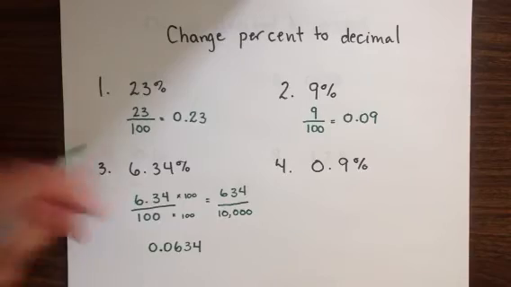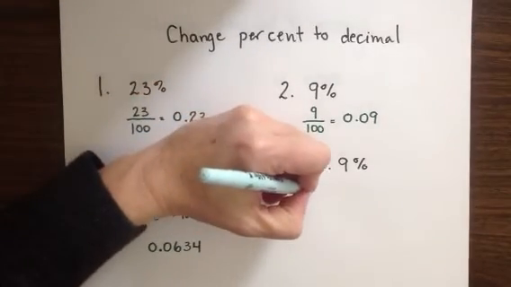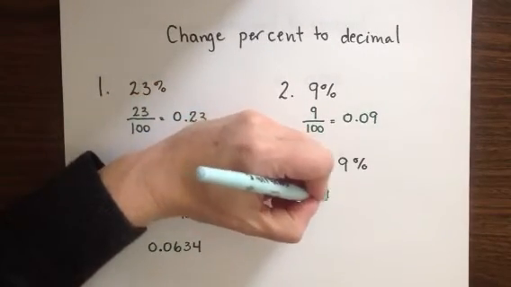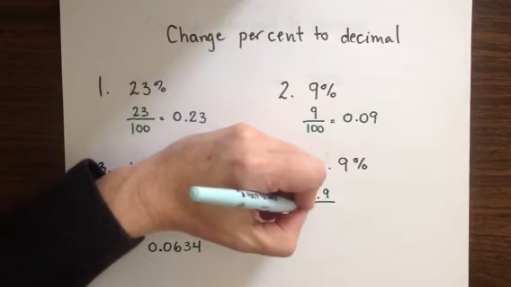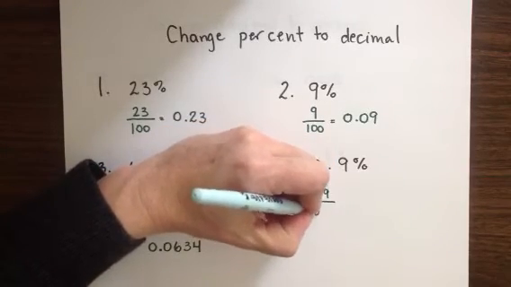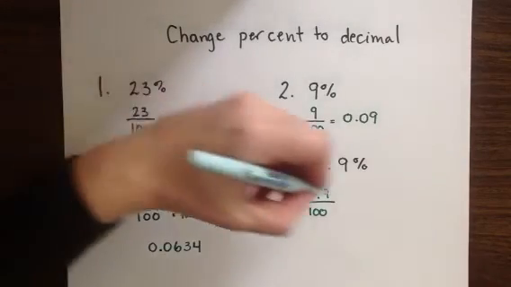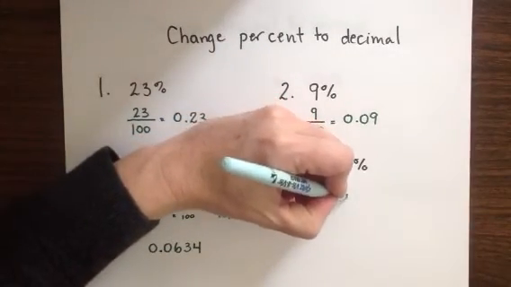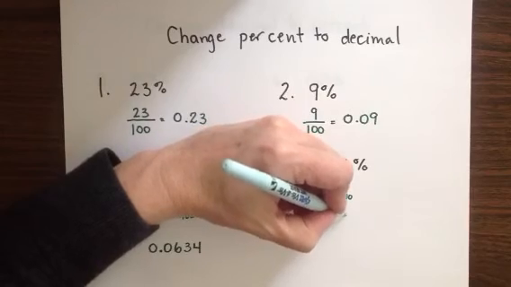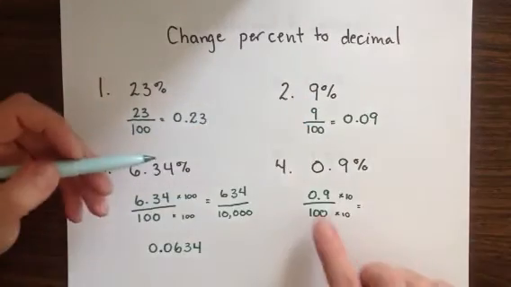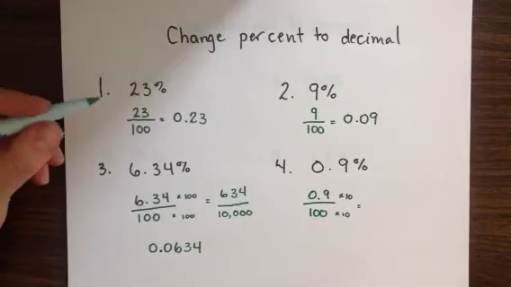Likewise with this one, when we write this percent as 0.9 percent, we once again have a decimal in the middle of our fraction. So we're going to clear that decimal by multiplying the top and bottom, in this case, by 10, because we only need the decimal to move one place.